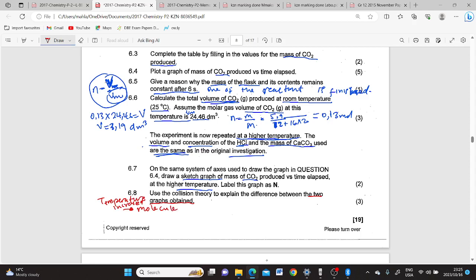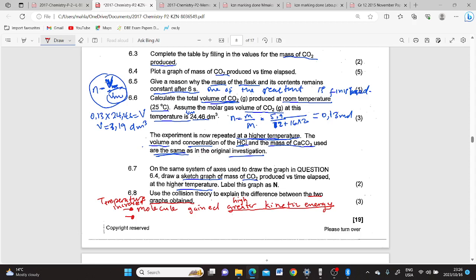Molecules will gain greater or high kinetic energy. So we must show that there is a greater or high kinetic energy as the temperature increased.